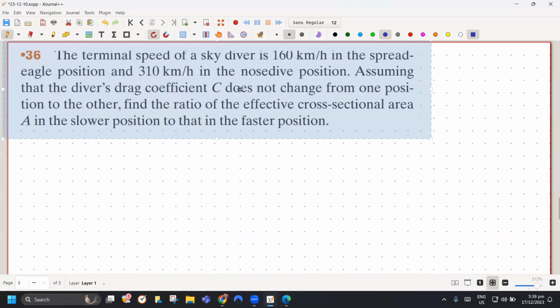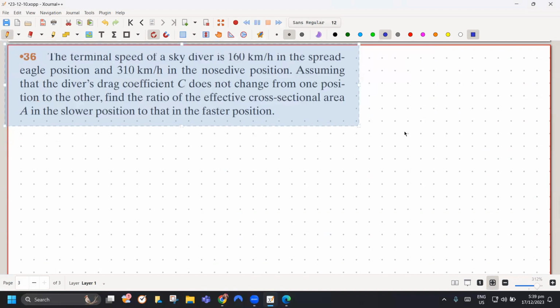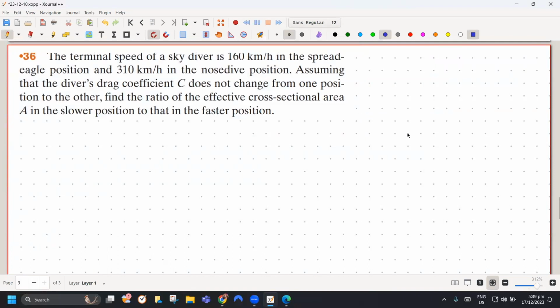Therefore, 0 is equal to one half C A rho V terminal squared minus mg. Drag force D equals one half C A rho V squared.